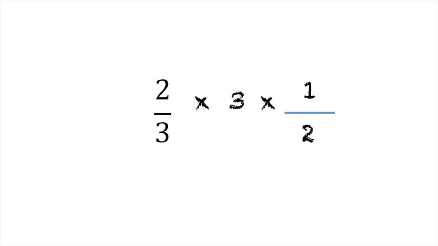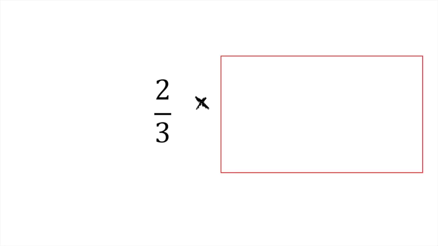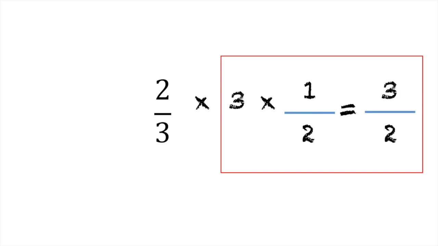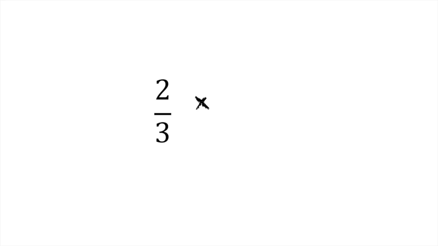So what did we do with the 2/3 in the end? We multiplied by 3, then divided by 2. But dividing by 2 is the same as multiplying by 1/2. So we multiplied 3 times 1/2, which is equivalent to 3 over 2, or 3/2.